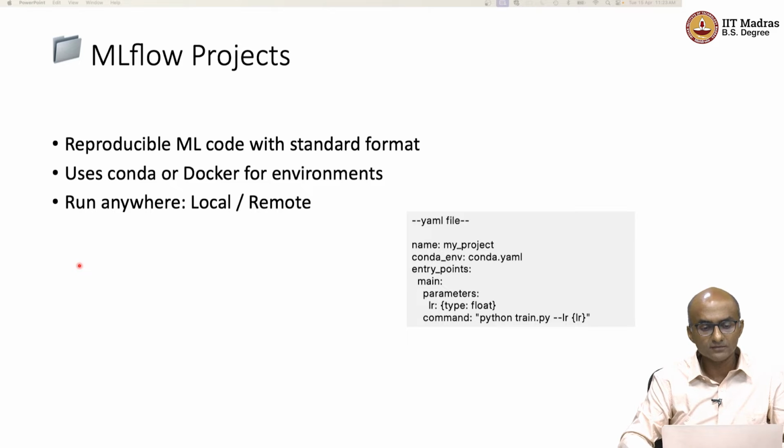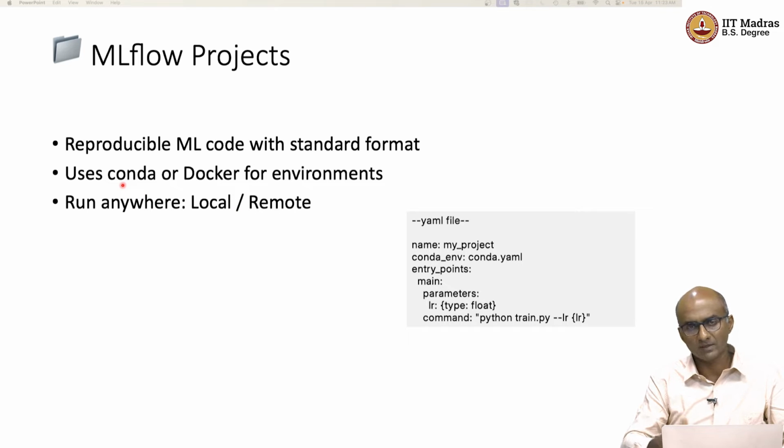Projects is the second component. Here, the ML code that we produce or we pull from GitHub is going to be encapsulated within environments for us to execute. Those environments are in turn going to be either driven by containers like Docker, or Python environments which are provided by Conda.